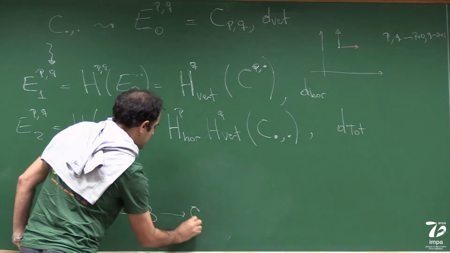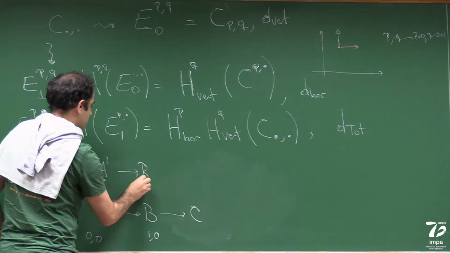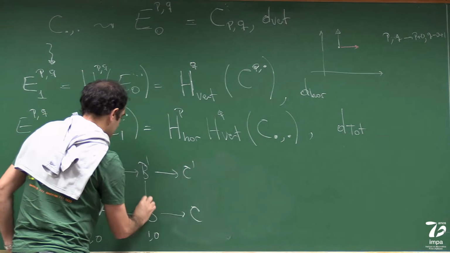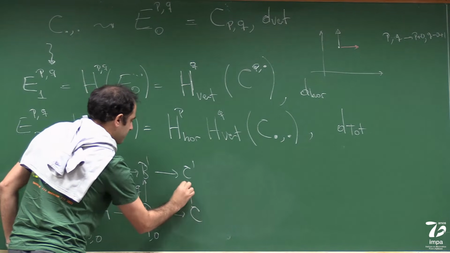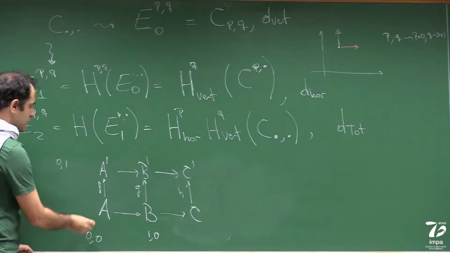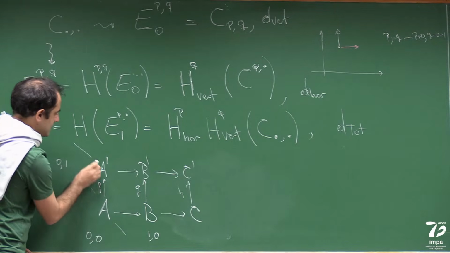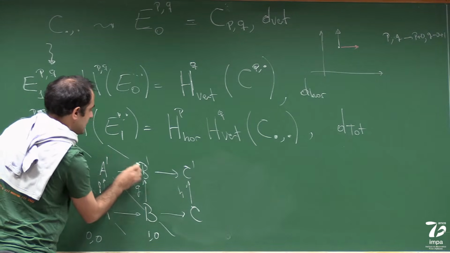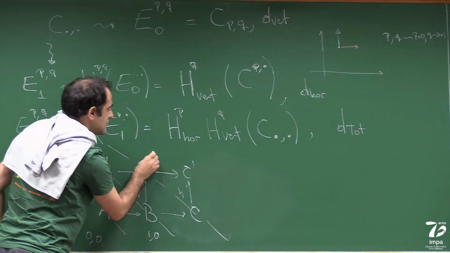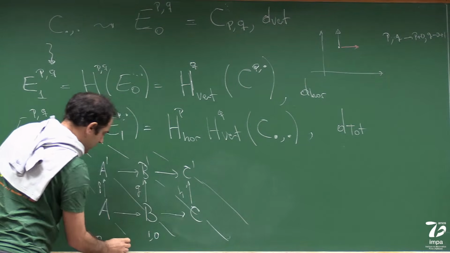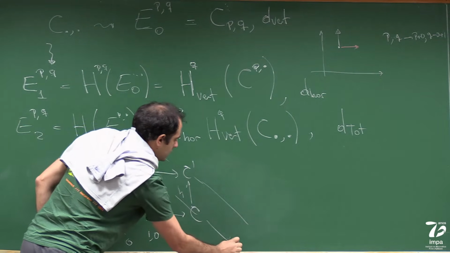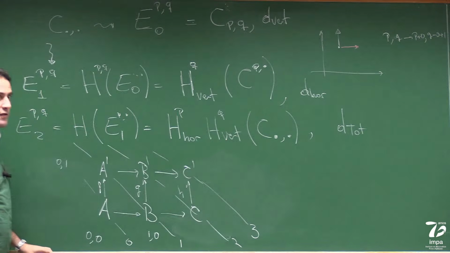So this is C, this is B prime, this is C prime. These are the vertical differentials. So this is in degree 0. This is in degree 1 of the total complex, and this is in degree 2 of the total complex. This is in degree 3 of the total complex. So this is 0, 1, 2, 3. And there's nothing in any other degree.